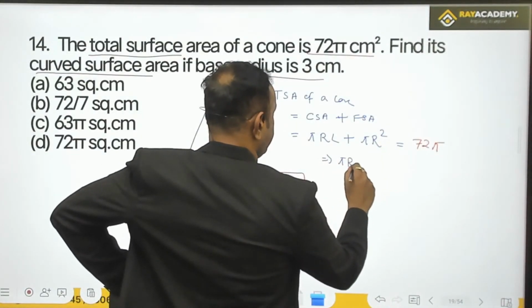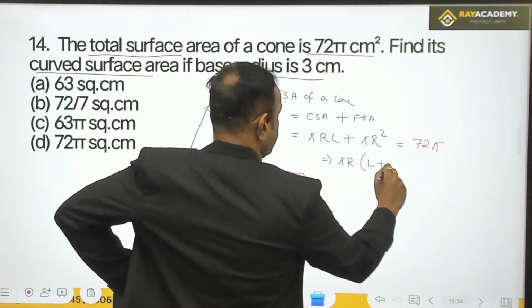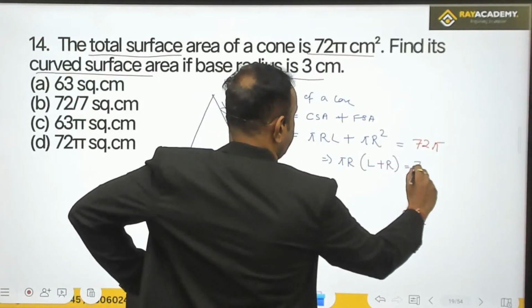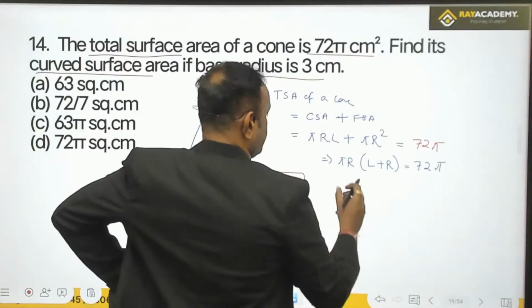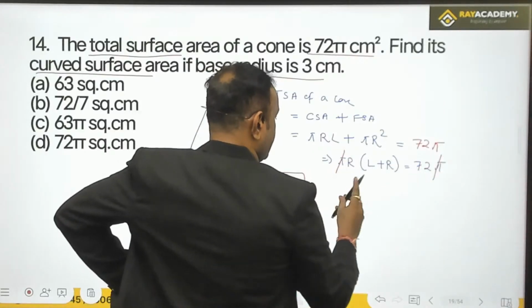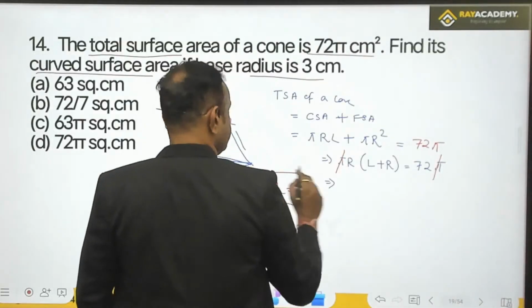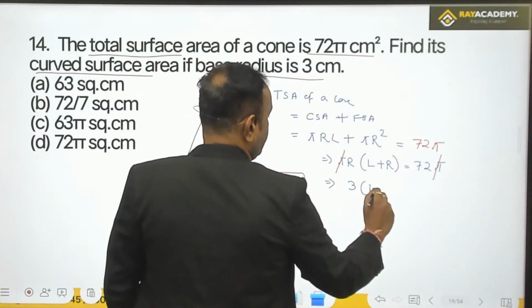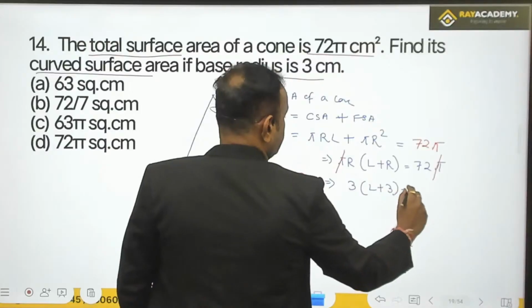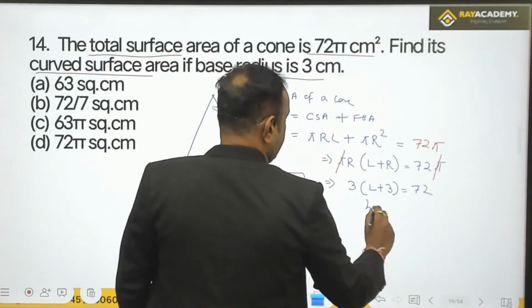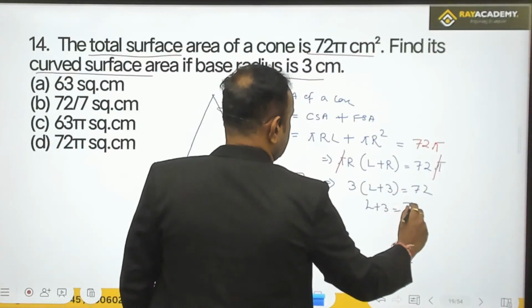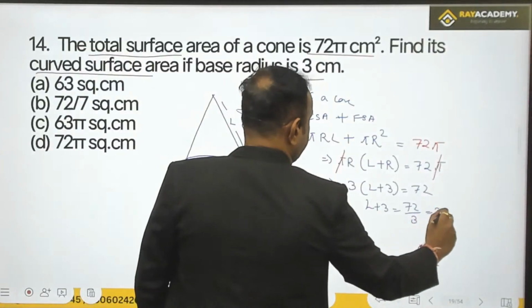Pi r, if you take common, is L plus r. This is 72 pi. So pi gets cancelled, but r is given, so you can put the values. r value is 3. 3 into L plus 3 equals 72. L plus 3 equals 72 by 3, that is 24.